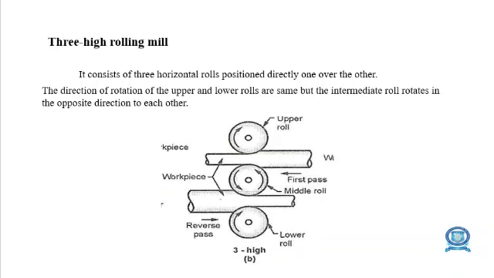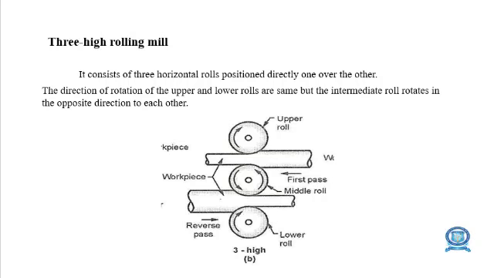The work is fed in one direction between the upper and middle roll and in the reverse direction between the middle and lower roll. This results in a high production rate compared to the 2 high rolling mill, as shown in the image.